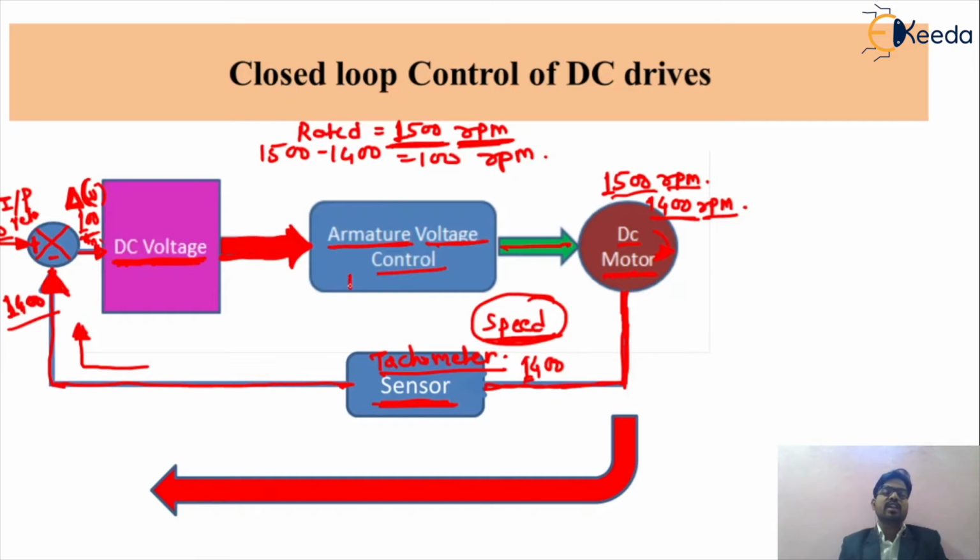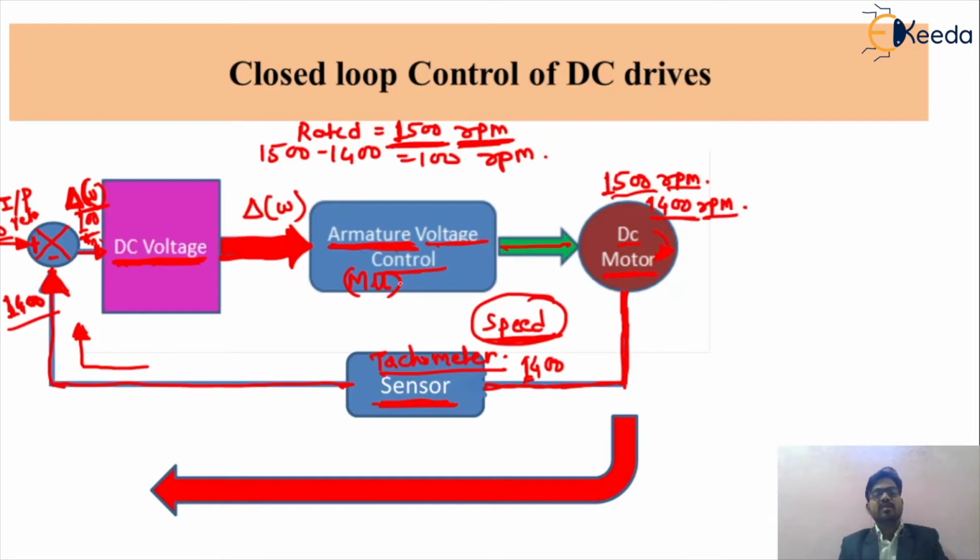In the armature voltage control technique, we are using different devices. These are power electronic devices. Sometimes we are using a microprocessor or microcontroller. So the armature voltage controller circuit will sense the value of the error speed, which will be sensed by your controller.